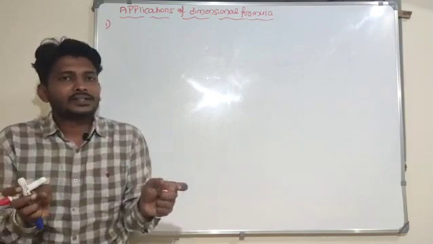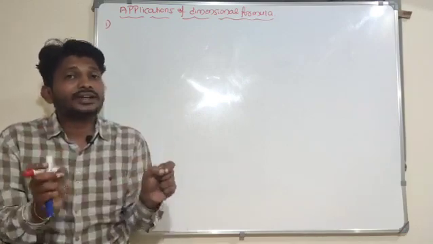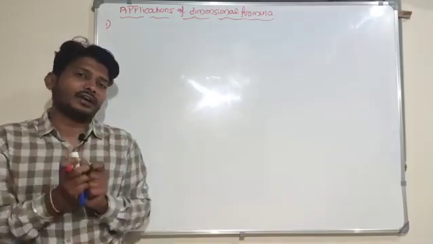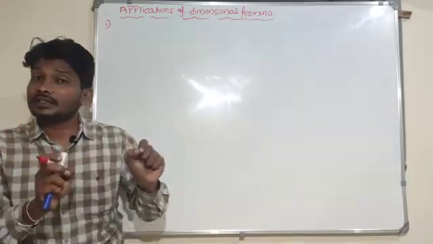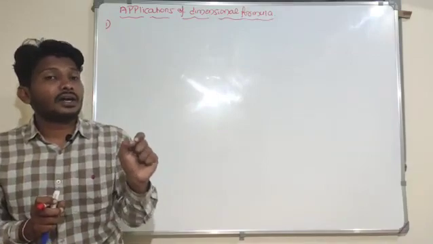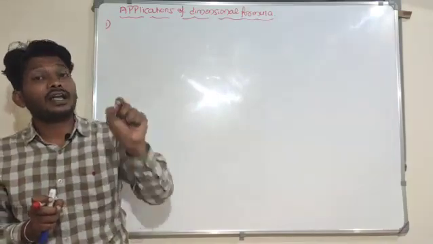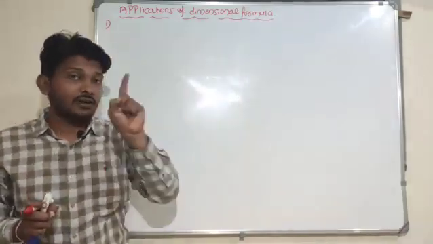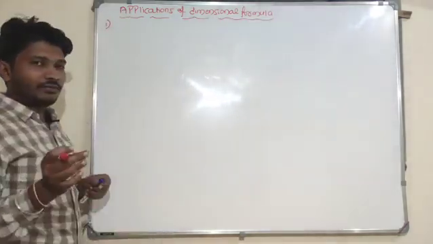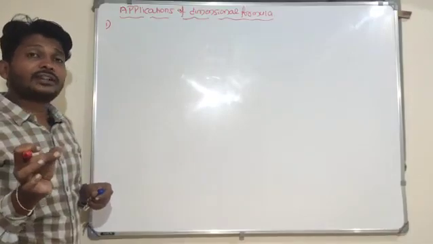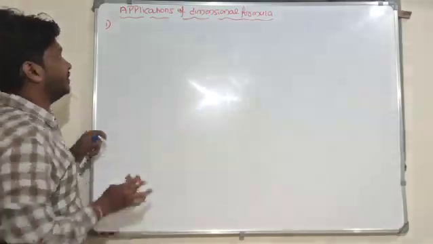Let me understand whether those are dimensionally correct or not. How to verify the correctness of the equation? In order to understand the correctness of the equation, I can use the dimensional formulas. So remember, by making use of the dimensional formula, we can verify the correctness of the given equation.